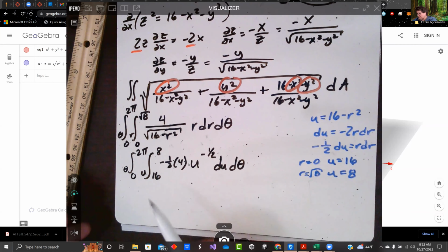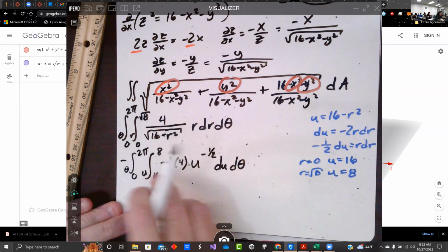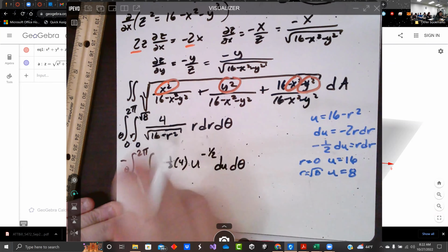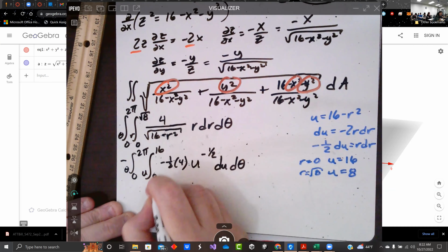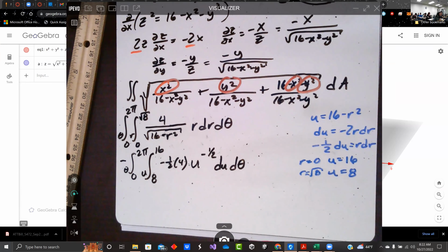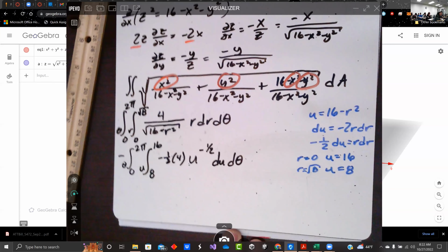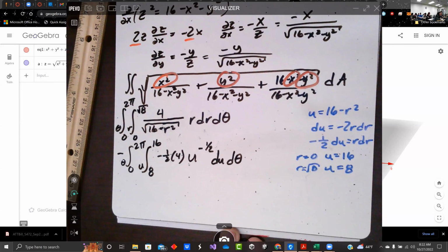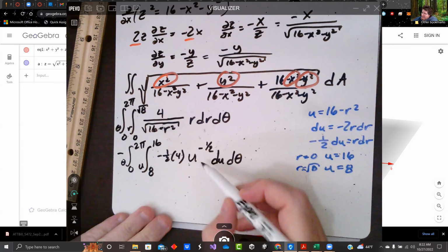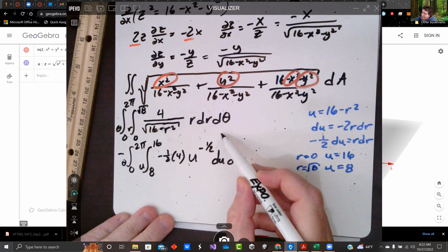Now, my limits are upside down. I don't know that I really like that. Just flip it for the sign. Flip it and do the sign. Good, you guys remember. And I could multiply the 1/2 and the 4, but I know when I integrate, I'm going to go up a power and divide by the power.